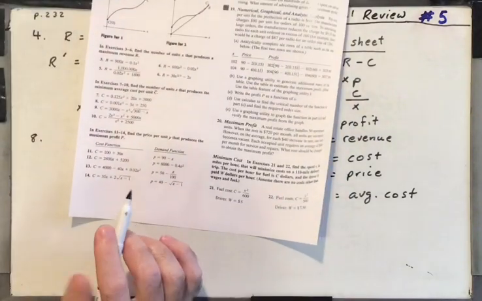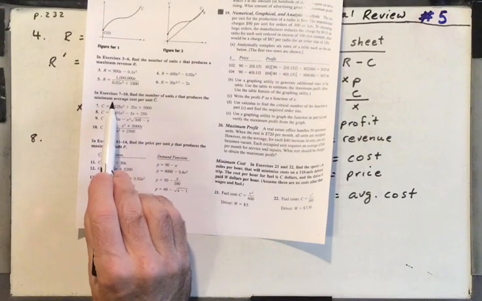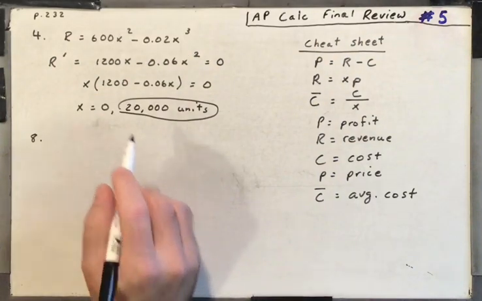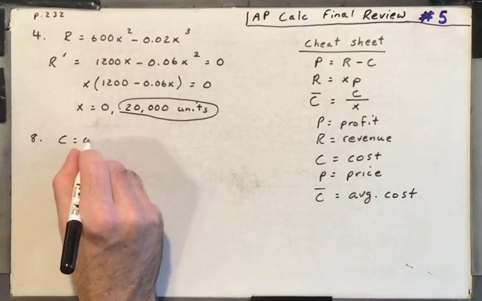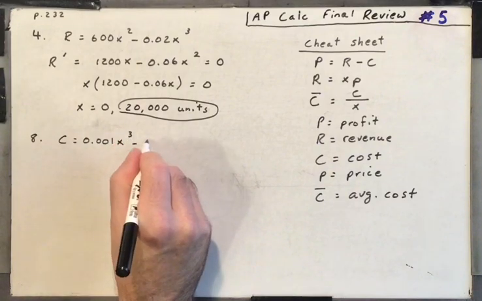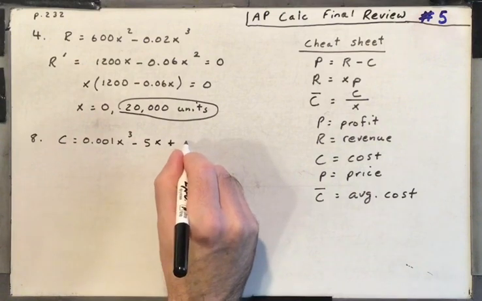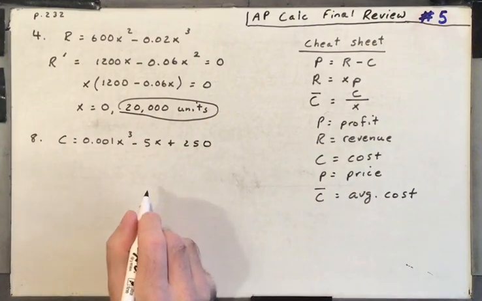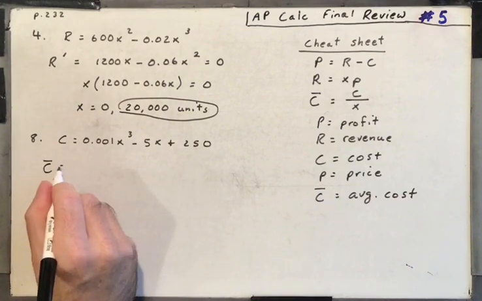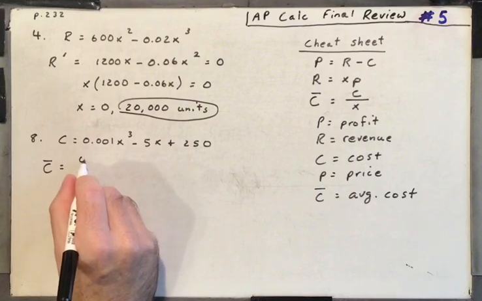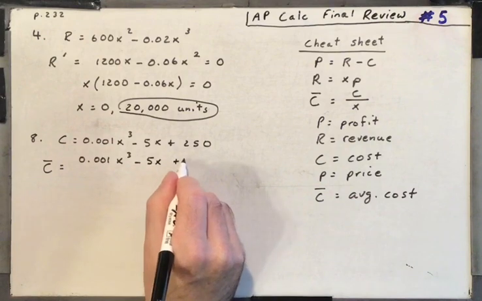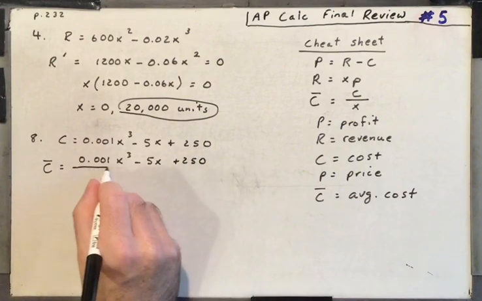Number 8, we want to find the minimum average cost, C bar, where C is equal to 0.001x cubed minus 5x plus 250. In order to get the equation for C bar, we have to take that whole thing and divide it by x.